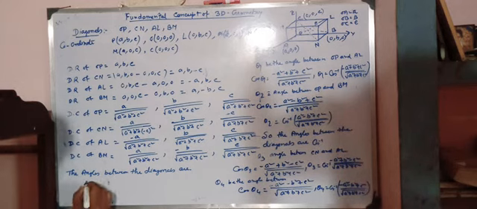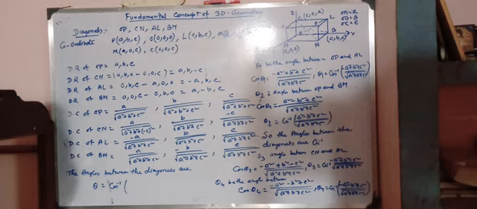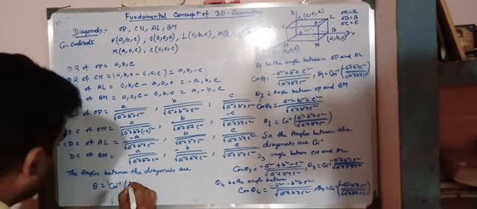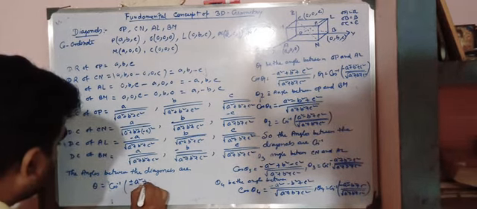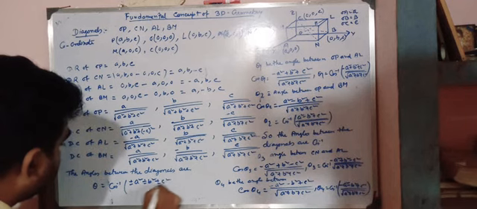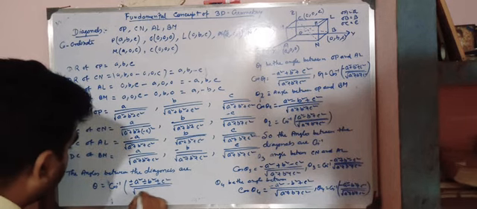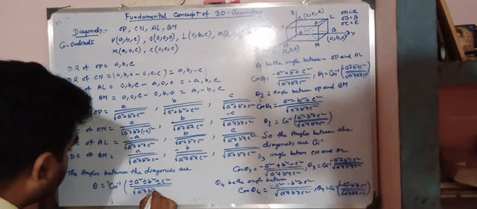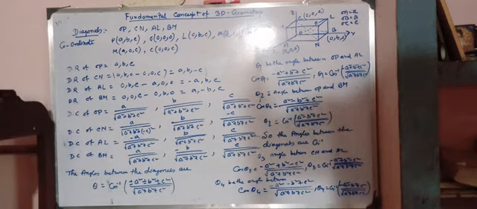If we take theta as the angle, that should become cos inverse of plus minus A square plus minus B square plus minus C square divided by root over of A square plus B square plus C square. Okay, hope you have understood that.